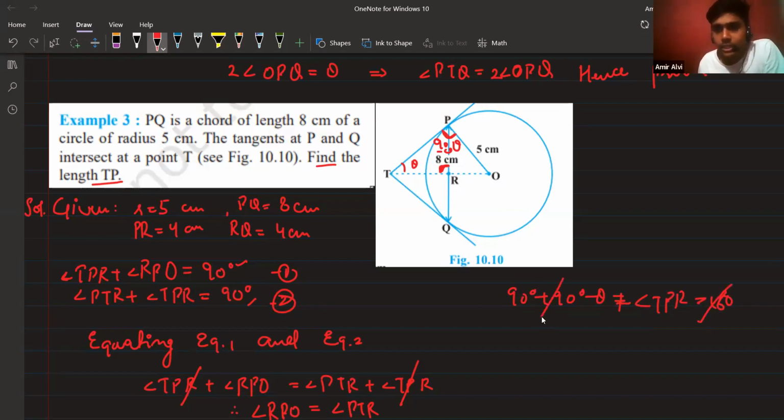So minus theta is equal to minus of TPR. Sorry, PTR. So this minus will cancel. So theta is nothing but PTR. Got it, everybody?